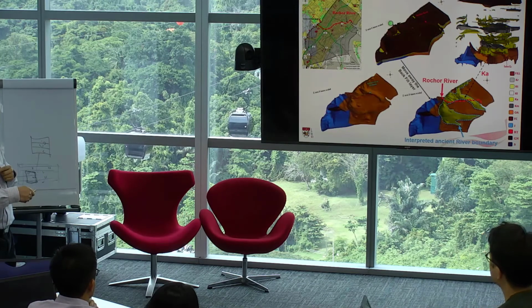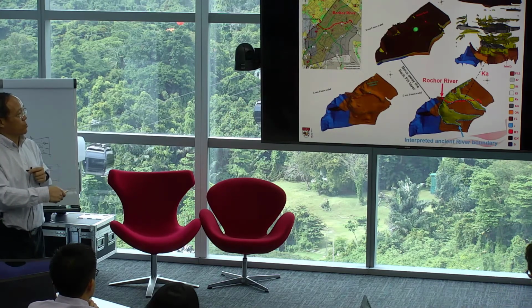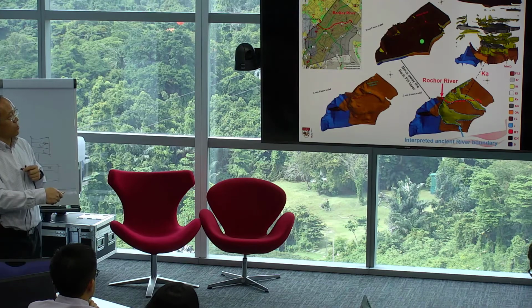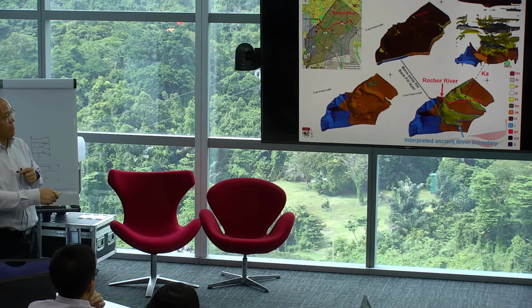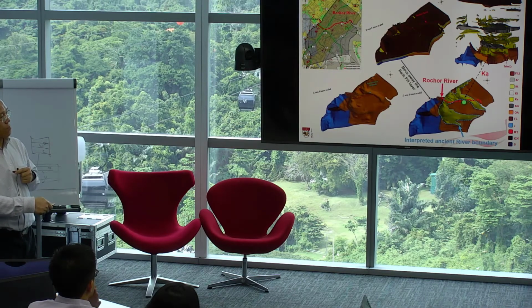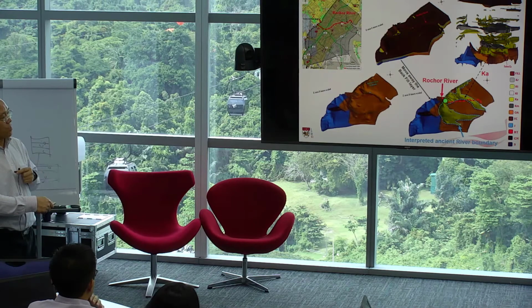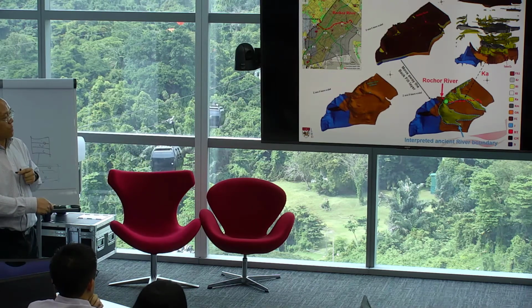If you use our geological model, you will be able to construct the 3D model over here, and peel it off layer by layer. From there, you will be able to see the column formation, which covers not just the path of the current river, but also the other side of the river.